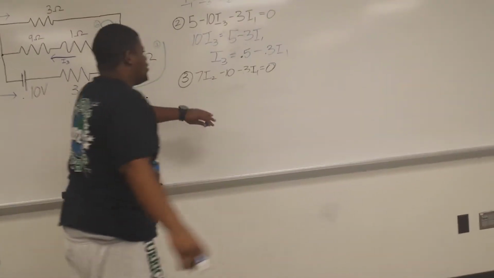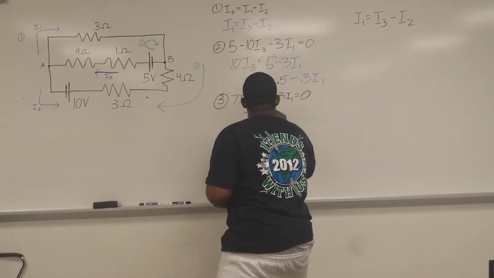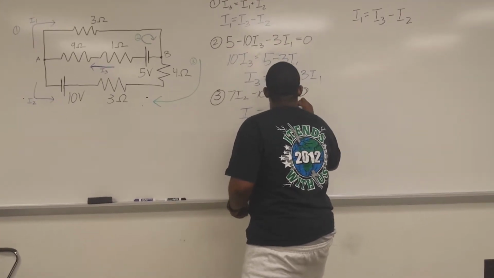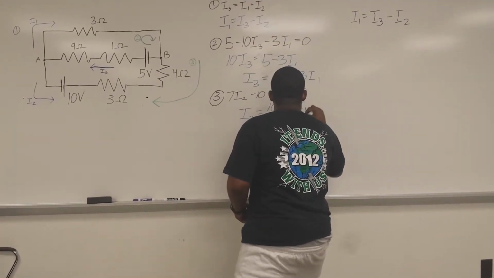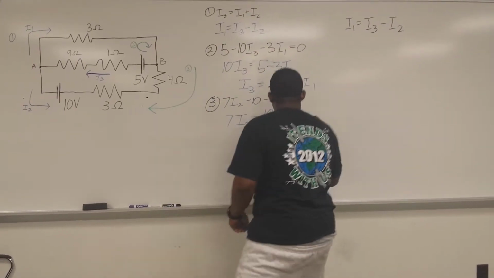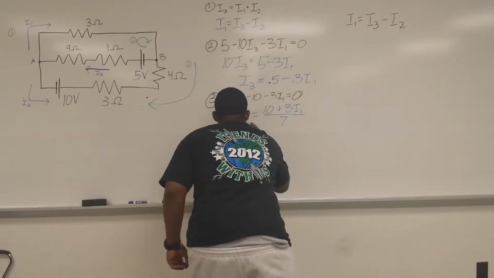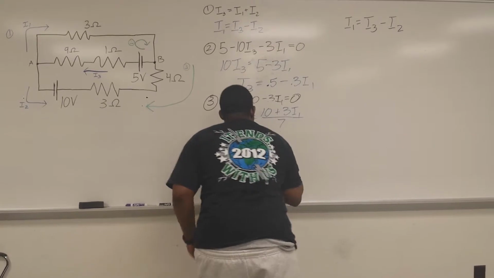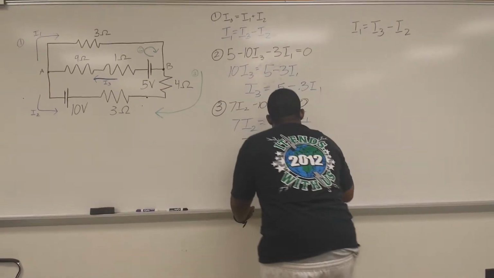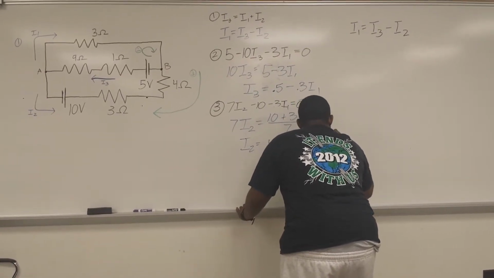And now when I solve for I2, I2 is equal to 10 plus 3 I1, and when I divide it by 7, I get I2 is equal to 1.43 minus, no, plus. I'm going to get this right one of these days, 0.43 I1.